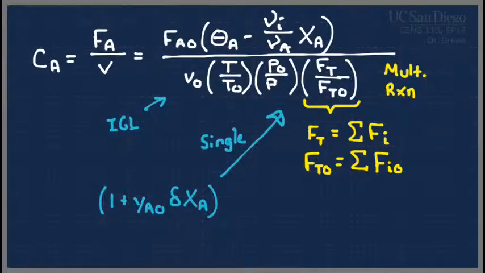So there's a subtle difference there between what happened with the batch reactor and what happened with the flow reactor, mostly because in the denominator now we have this ratio of the sum of the flows instead of the ratio of the sum of the moles. That's the bigger difference. The numerator up here for a multi-reaction system basically just stays as FA.